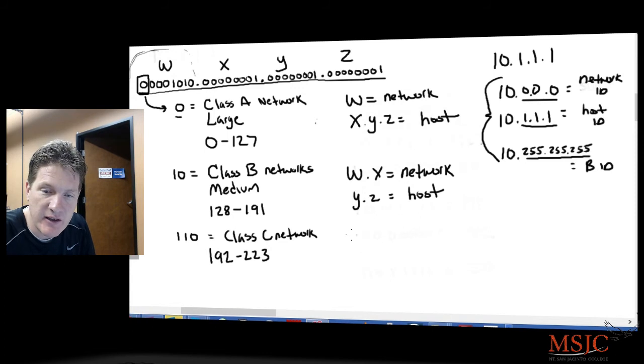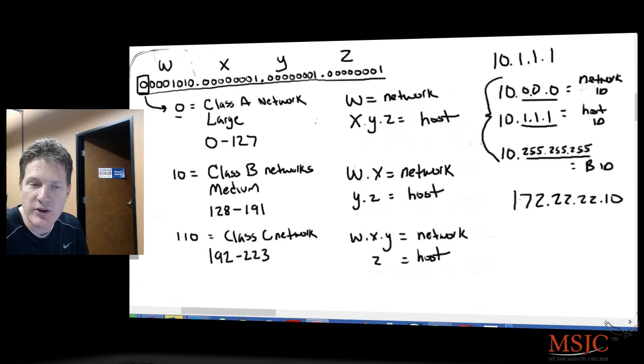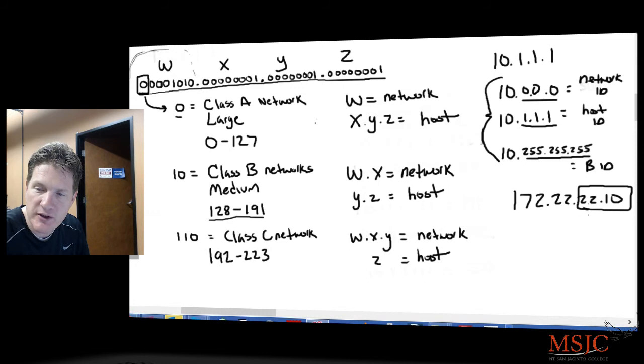In a Class C, W.X.Y was the network and Z was the host. So if I had an address like 172.10.22.22.10, I would know that this was a Class B because it fell into this range, and I would know that this portion would be the host portion because that's what Class B designated.